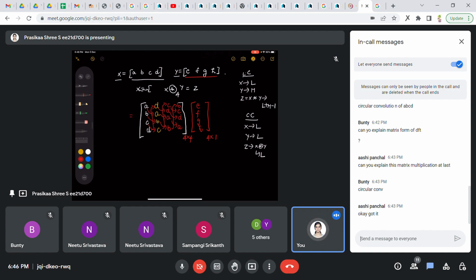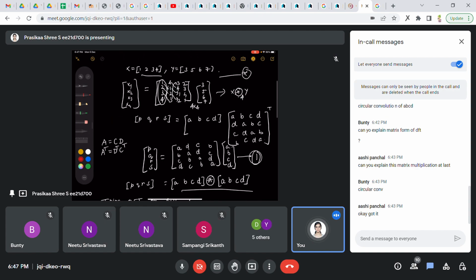The final answer should be 4 cross 1, which will be x1, x2, x3 and x4. This is an ordinary matrix multiplication. Now you get a 4 cross 1 matrix, which is the result of the circular convolution of the 2 vectors given in the question.